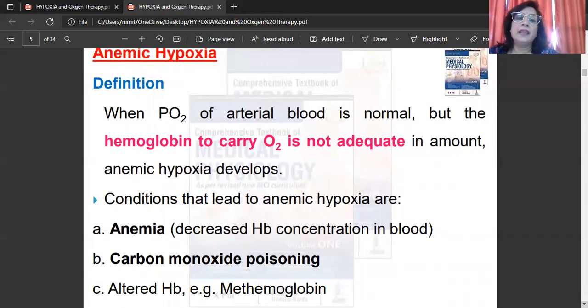Next is anemic hypoxia. Again, the name itself is telling you the definition.